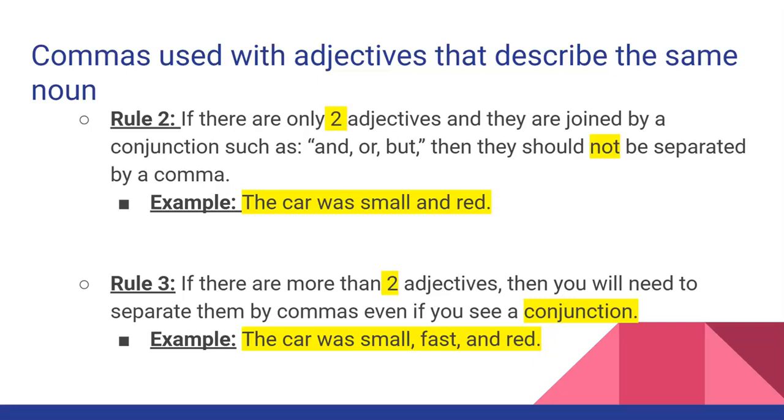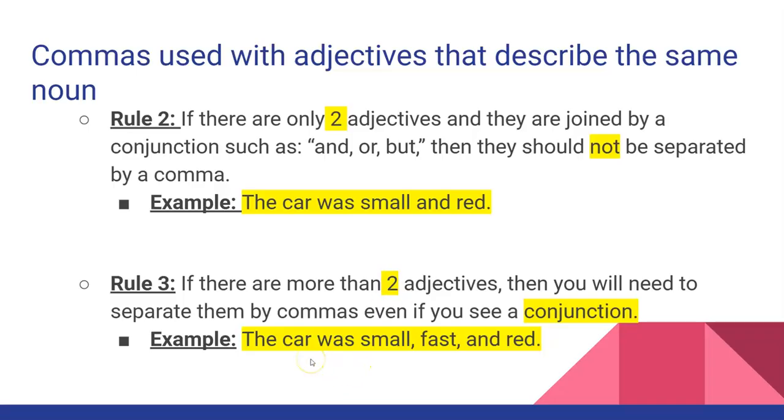Last but not least, rule number 3, if you have more than 2 adjectives, so more than 2 describing words describing the same noun, then you need to separate them by a comma even if you see a conjunction. So remember rule number 2, we said 2 adjectives separated by a conjunction, no comma. Rule number 3, more than 2 adjectives, even if you see a conjunction, separate them with a comma.